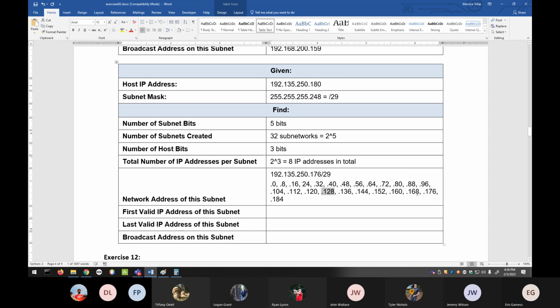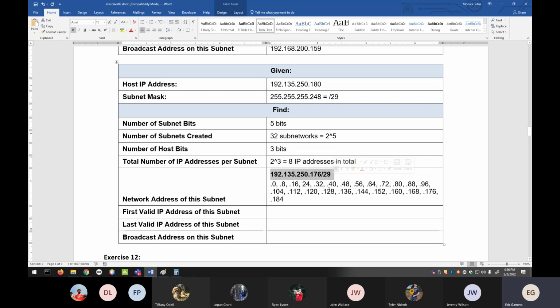Obviously, it is here, because this one goes from 176 to 183. I put all the multiples of 8 here for you. So it belongs to this network.